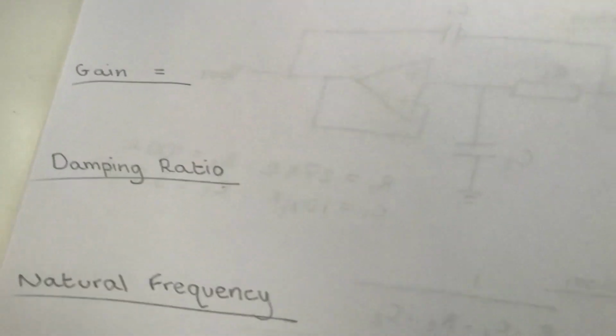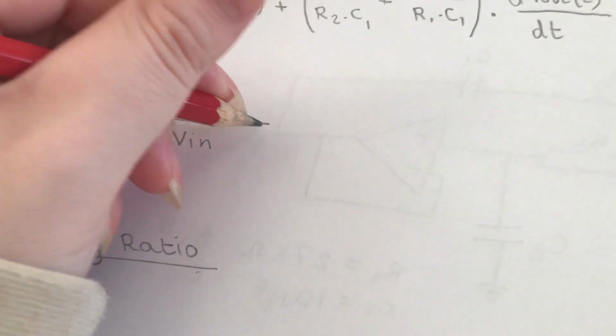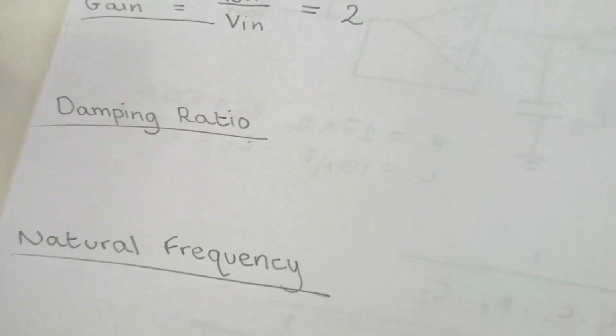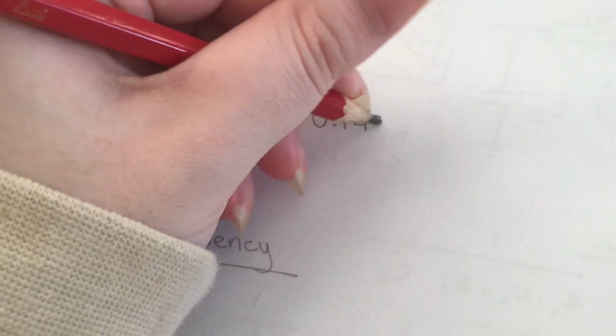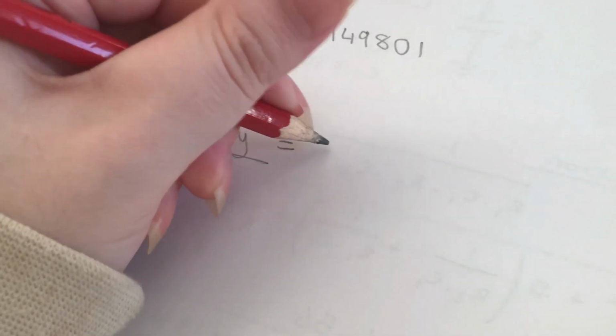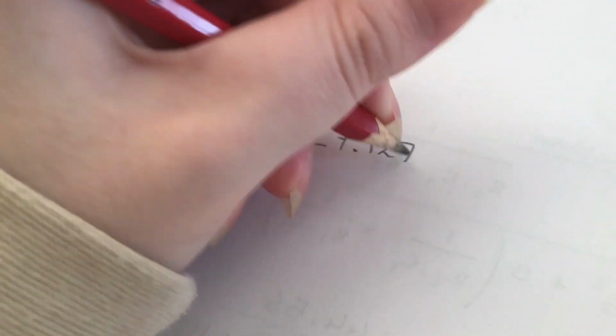Next we have the gain of the circuit, which is v out over v in, which we have as approximately 2. Next we have the damping ratio, which equals 0.149801, and the natural frequency of our circuit is 1727.1727 hertz.